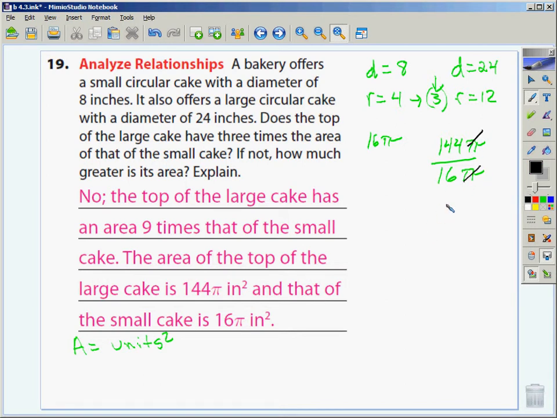And 144 divided by 16, guess how big it is? 9. And the reason is because if I take 3 times as big on the one dimension, I make sure that I do 3 times as big on both dimensions. 3 squared is what? 9. Everybody okay?